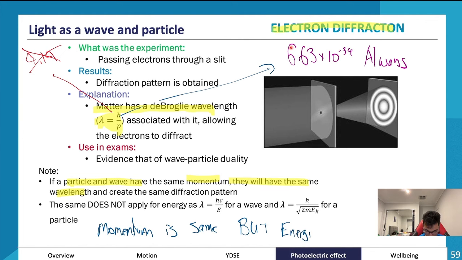The reason is that energy for light and energy for a mass are measured differently. Energy for light is E equals hf, while the energy for a mass is half mv squared. So just because the momentum is the same does not mean the energy will be the same.